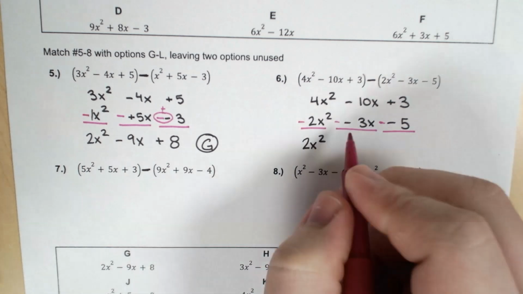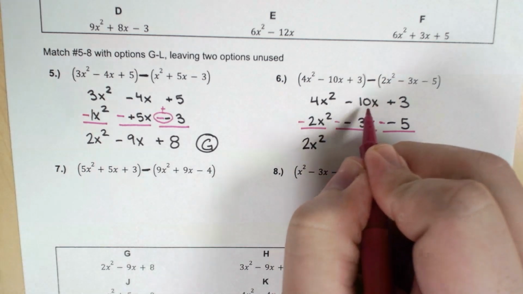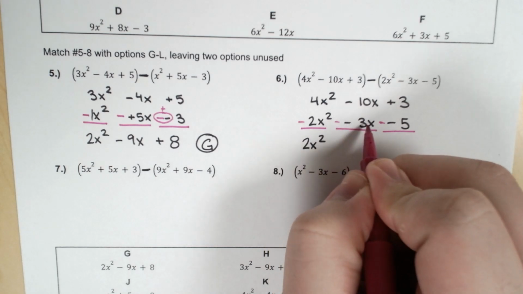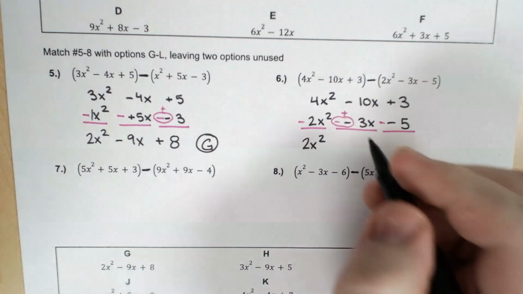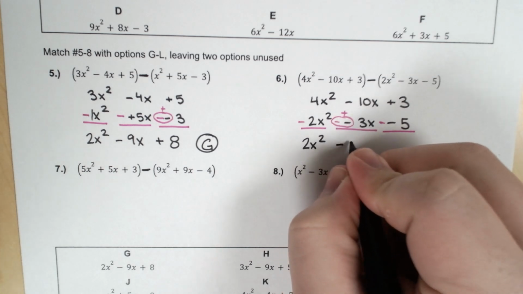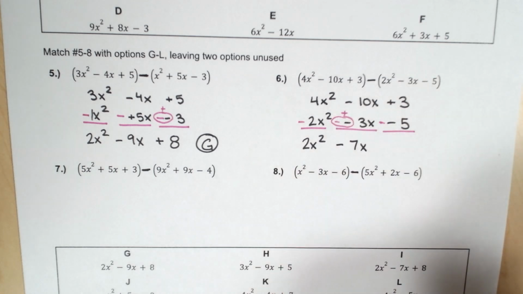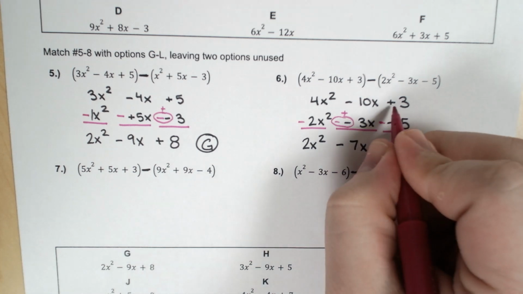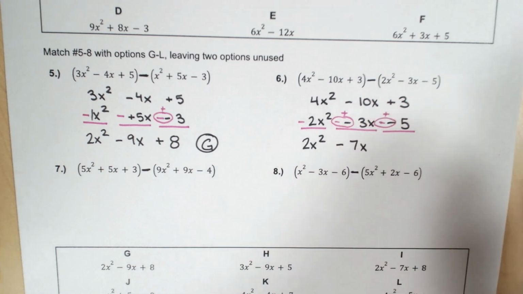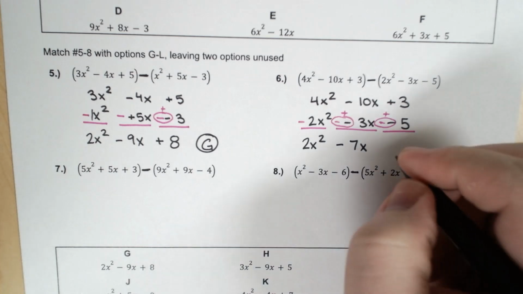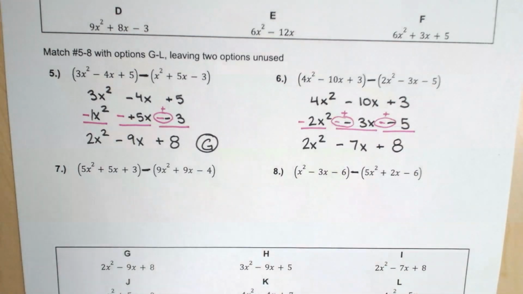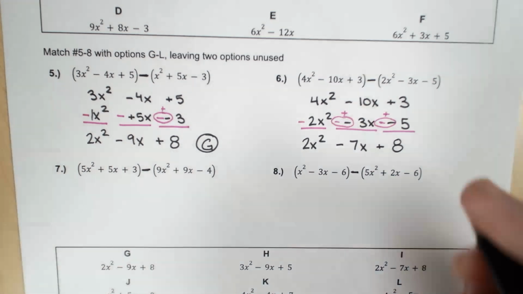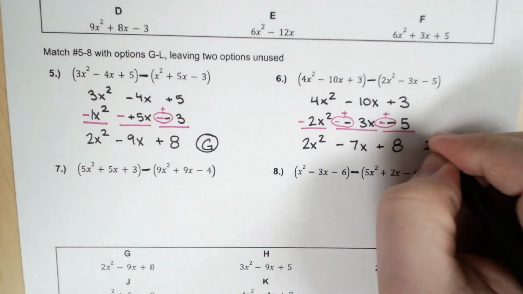Careful on these signs. Negative 10x minus negative 3x. Well, a double negative means you add. Negative 10 plus 3 is negative 7x. Then, again, 3 minus negative 5 becomes 3 plus 5, which is 8. So I'm looking for 2x squared minus 7x plus 8, which is option I.